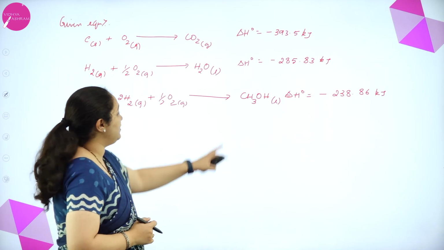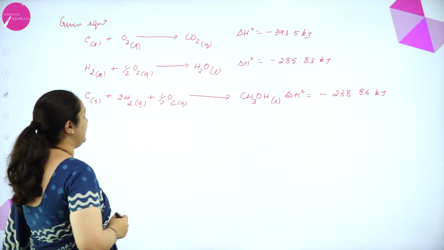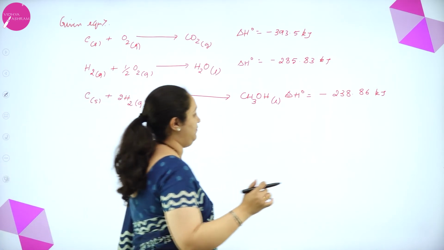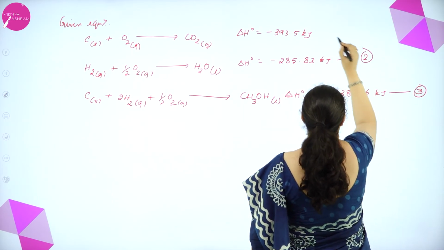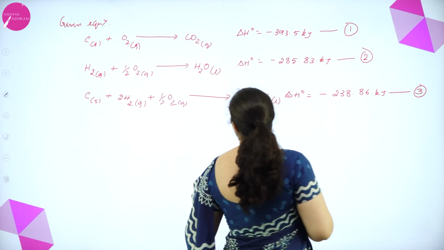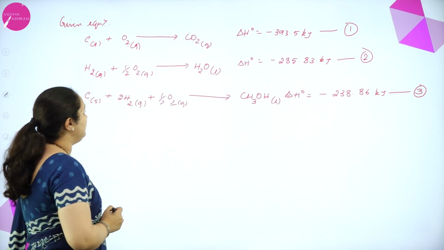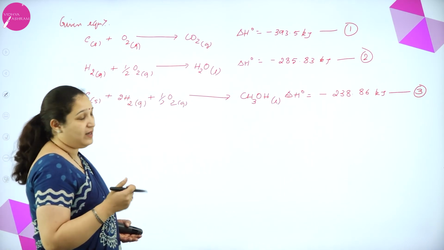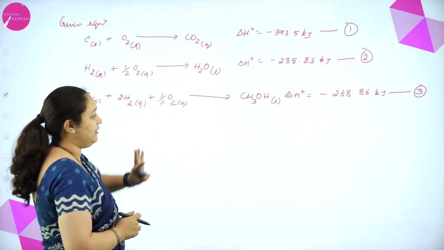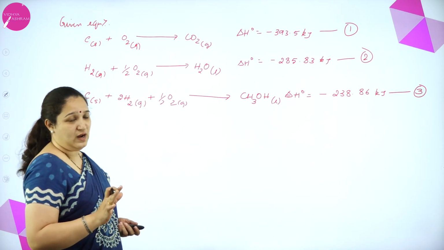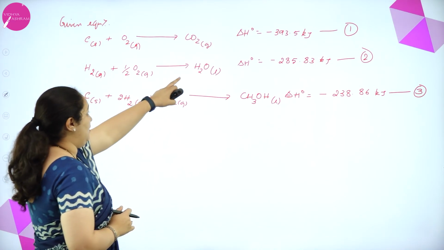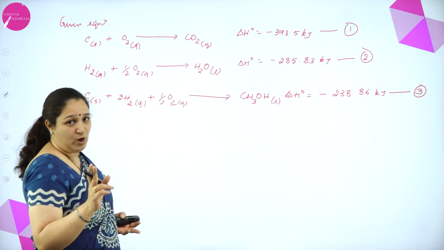Now, what do I require? In my required equation, CH3OH is on the other side. So equation 3, I need to reverse. This is 2 and this is 1. And then what else do I require? I require formation of carbon dioxide and water, which is already there. But how many molecules of carbon dioxide? Only one molecule. But water should be 2 molecules.